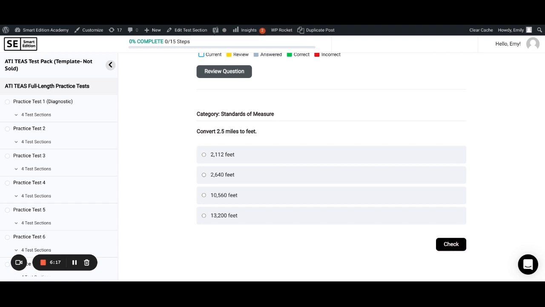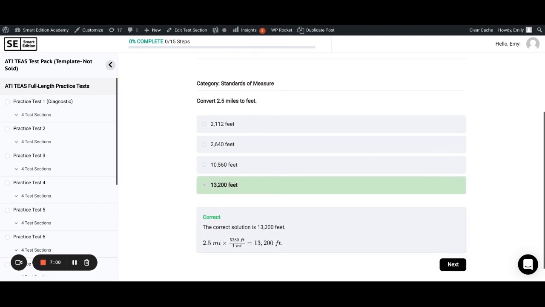Okay, here is a standard of measurement question. Convert 2.5 miles to feet. And you need to know how to convert from one to the other in order to be able to answer these questions correctly. For this answer, if you said D, 13,200 feet, you would be correct.